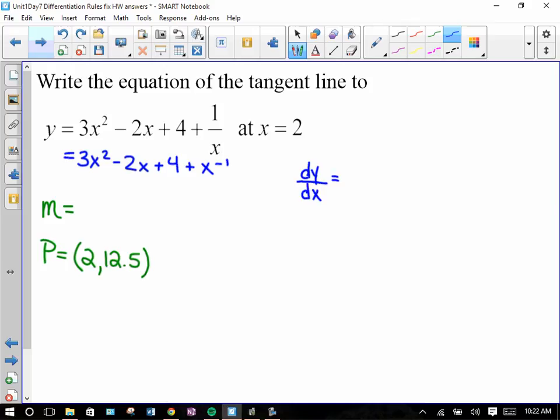So dy dx. What's the derivative going to be from this first term? 6x. What's the derivative of minus 2x?